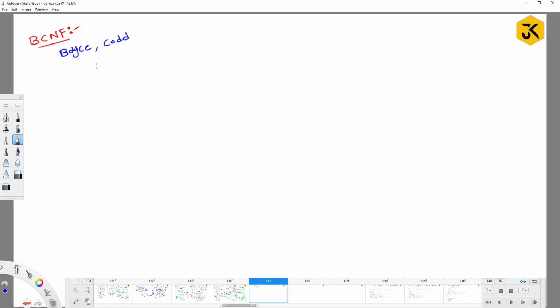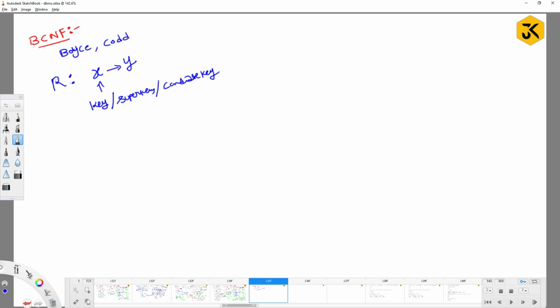Here, what this normal form defines is, if I say any relation instance R, and if there is any functional dependency X determines Y, X should compulsorily be a key or a super key or a candidate key. That's it. So if you follow this principle, I can say that the relation is in BCNF, right?